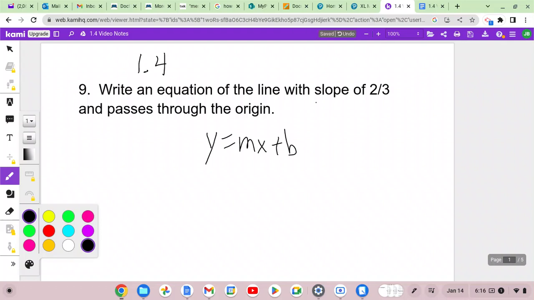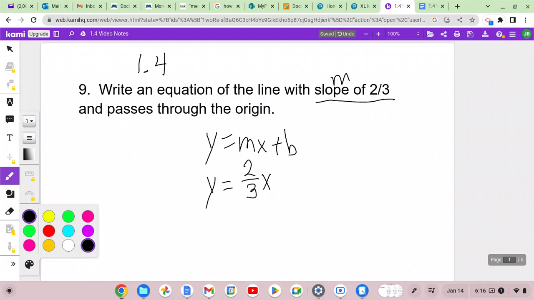We have the slope of 2/3. The slope is m, so we will replace m with 2 over 3. I will drop down the y equals and x.